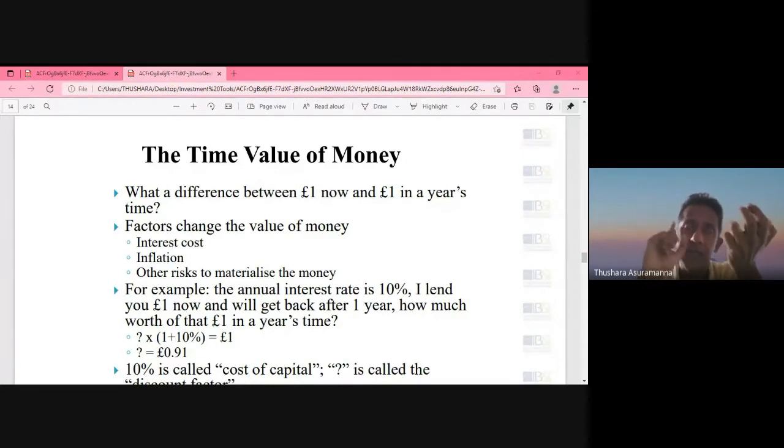If it is year 1, N is 1; if it's year 2, N is 2; if it's year 3, N is 3; if it's year 4, N is 4. Just use a 10% interest rate and see what the value of 1 rupee could be in year 1, year 2, year 3, and year 4.